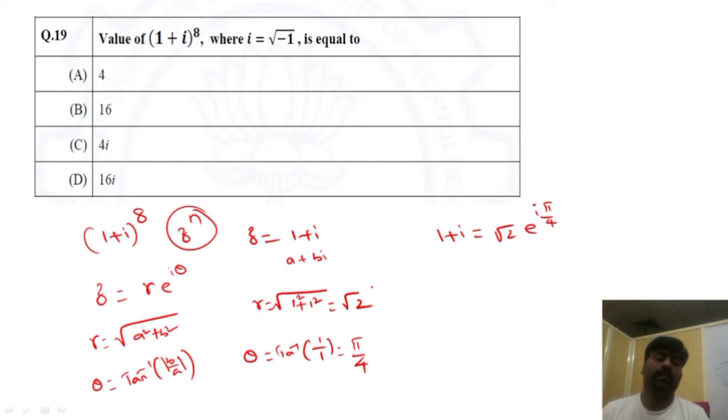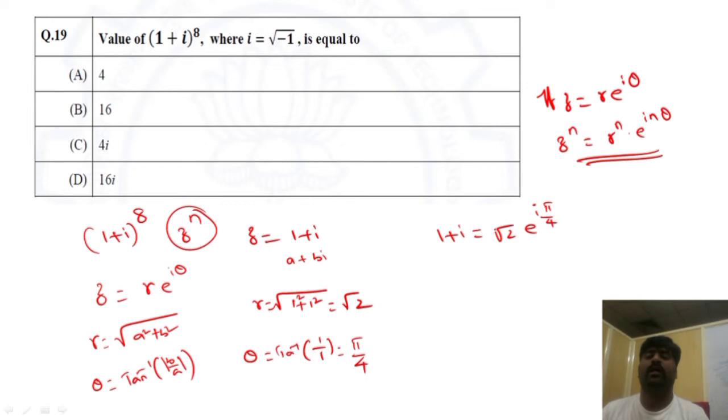Now if z is r into e power i theta, then z power n is r power n into e power i n theta. In the same manner, we write (1 plus i) whole power 8 as root 2 whole power 8 into e power i into 8 into pi by 4.